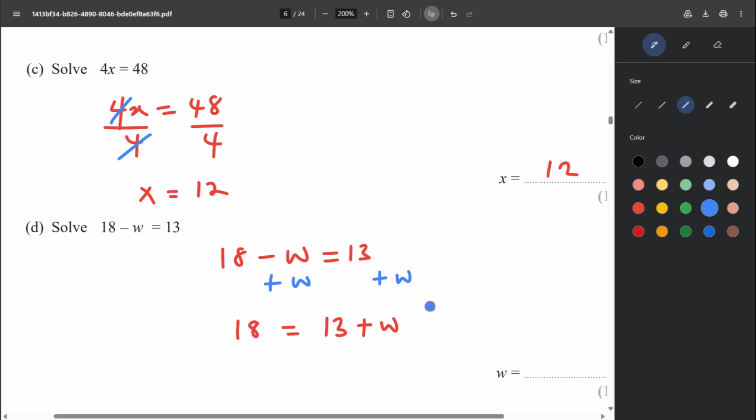And eventually I'm going to subtract 13 on both sides, just to make w stay on the right side. So I'm going to subtract 13 on both sides, and that will reduce: 18 minus 13 is 5, and 13 subtract 13 is 0, and we just have w. So that will mean that w will have to be 5.